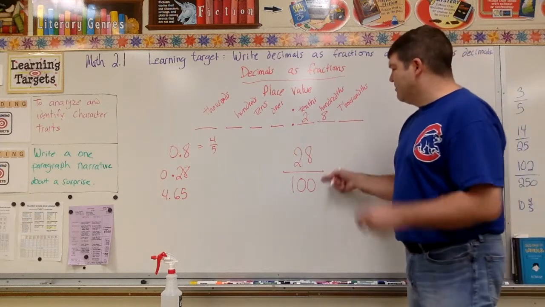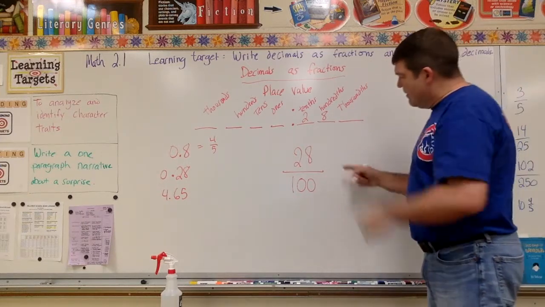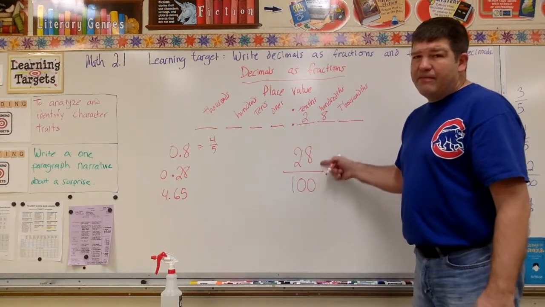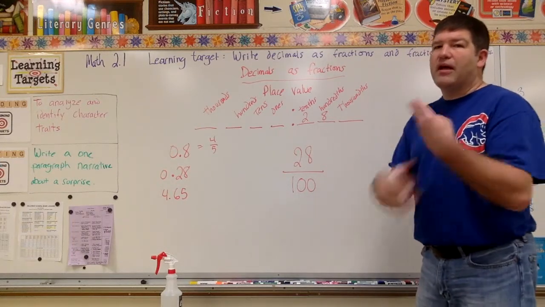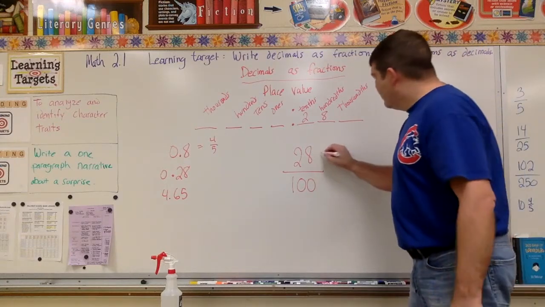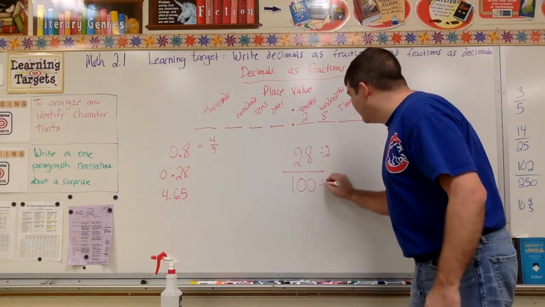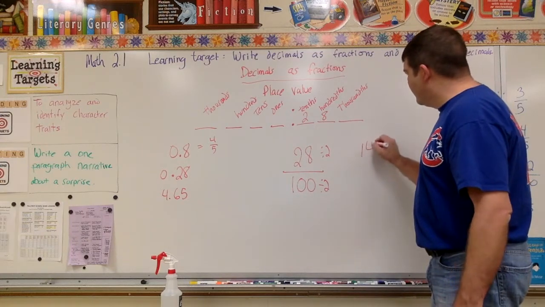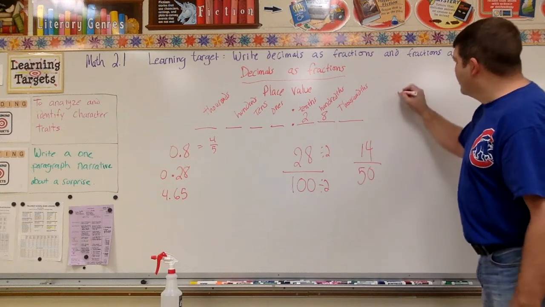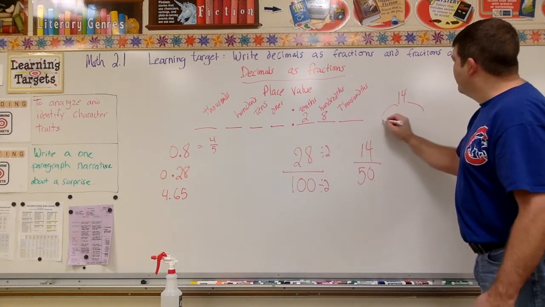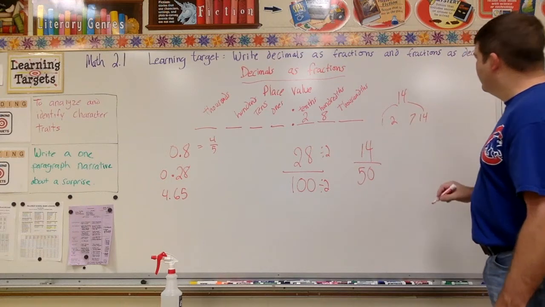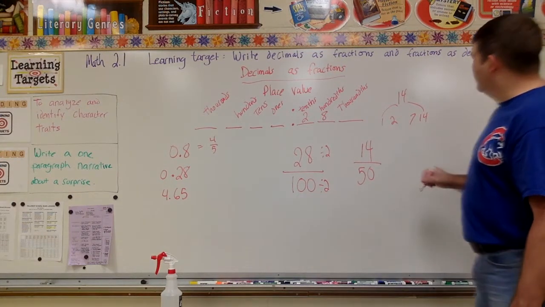But I can see I can simplify this. Now, I see that they're both even. So I'm going to take it down one to get it smaller, and then I'll do the greatest common factor. So if I divide this by 2 and this by 2, that gets me 14, and that gets me 50. Now I'm going to take 14, see what my factors are. 2, 7. Okay, that's it.